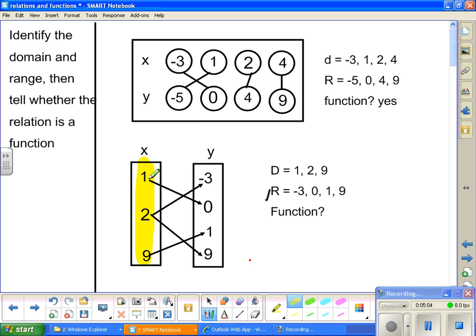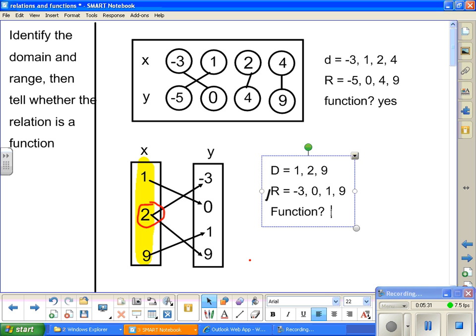So person 1, or number 1, is going to 0. But then here you look at number 2, and number 2 has 2 arrows. Number 2 is trying to go to -3 and 9, and this is not possible, because when you're thinking of number 2 as a person, number 2 can't be in 2 different rooms at once. So your answer to this one would be no.